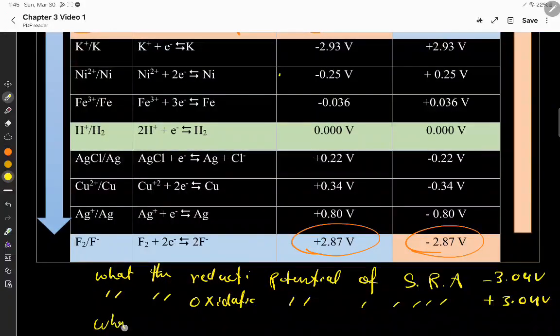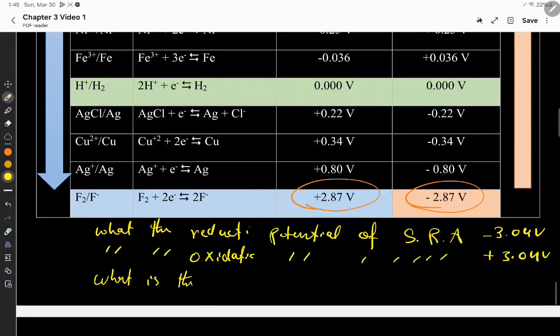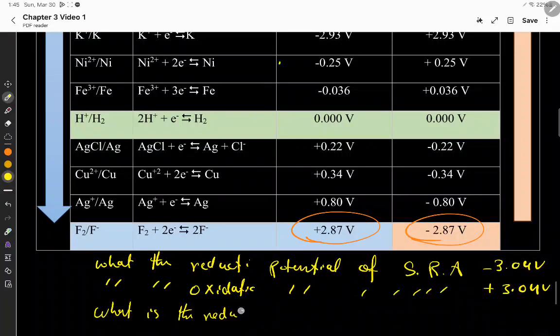What is the reduction potential of the strongest oxidizing agent? That's going to be the highest value, positive 2.87.